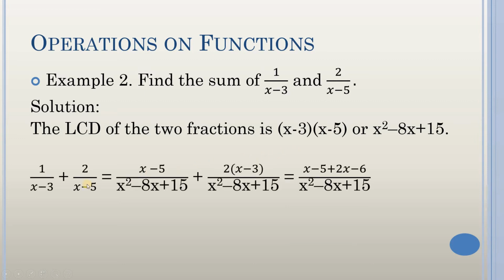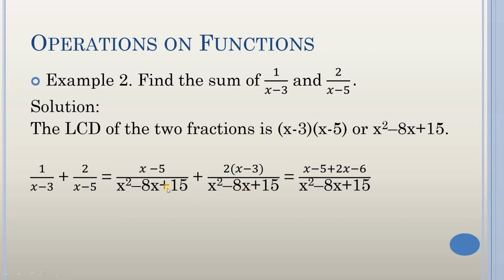By adding the two fractions, 1/(x minus 3) plus 2/(x minus 5) is equal to, with the LCD of the two, x squared minus 8x plus 15. Likewise, we put the LCD as the denominator of the second fraction, x squared minus 8x plus 15.